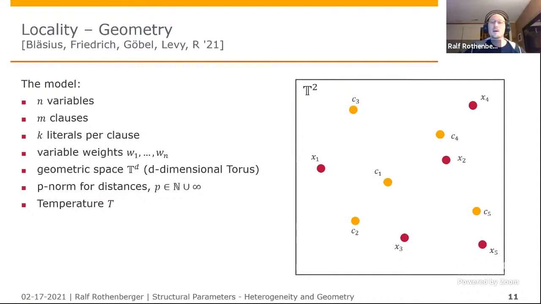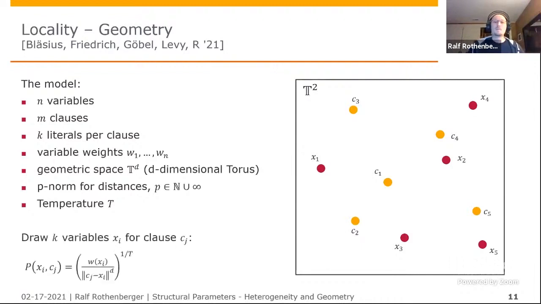So if the temperature is high, a clause doesn't necessarily connect to the variable with smallest distance or the variables with smallest distances, but it might also connect to a random variable which might be very far away.